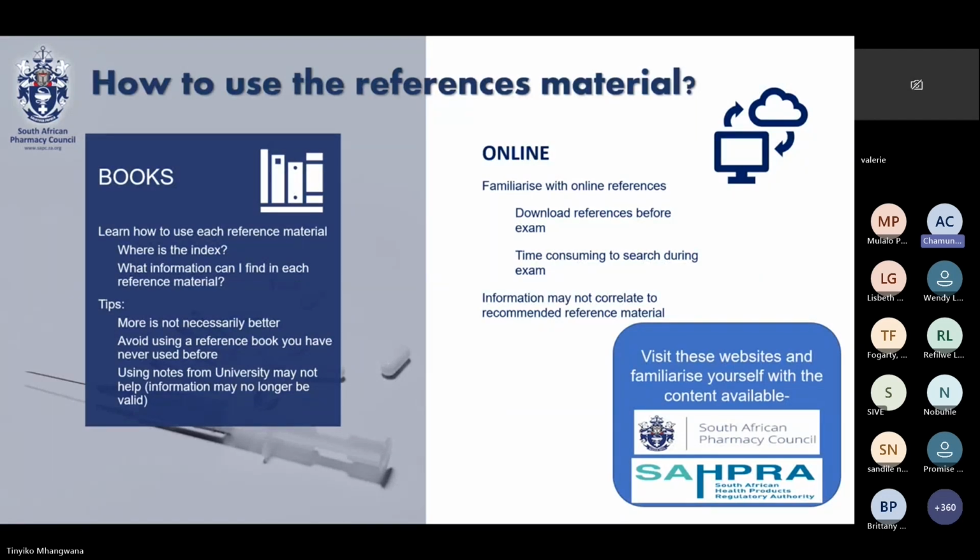In order to maximize the allocated time during an exam, please try to refer to the books and familiarize yourself with the text before the actual exam itself. And if you're looking at online material, please download those references before the actual exam so that you have them saved on your laptop, readily accessible. Right.